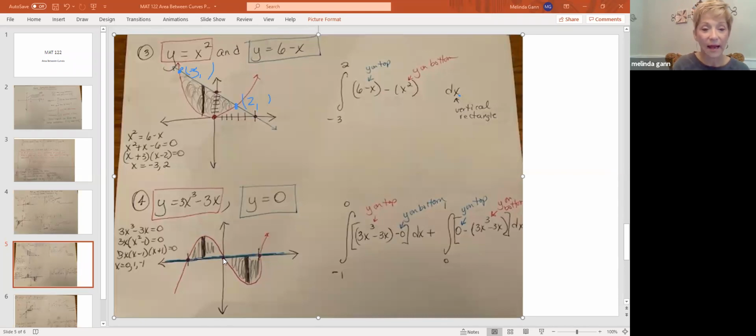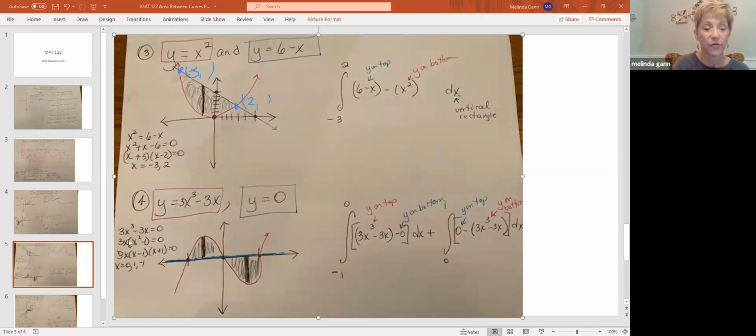So again, I thought that looked like the point 0, 0, but I couldn't tell if that was, say, -1.01, you're not going to be able to tell it. So you've got to do it algebraically. And again, I did the y on the red equals the y on the blue. So the y on the red was 3x cubed minus 3x, and the y on the blue was 0.